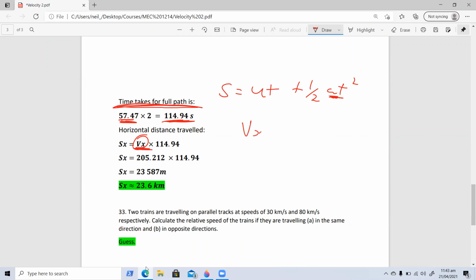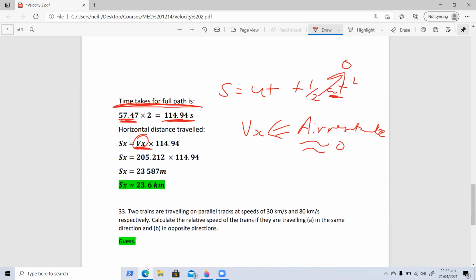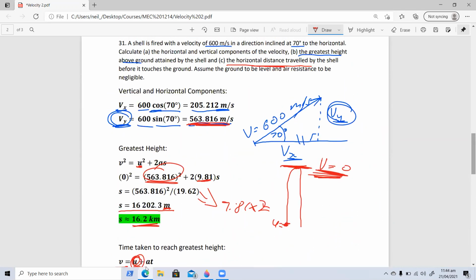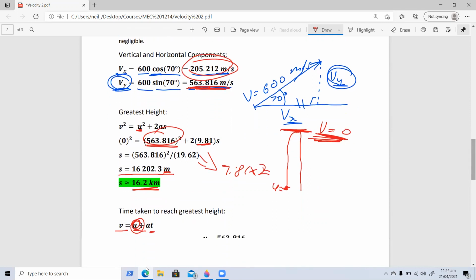So for Vx, that's resisted by air resistance. But in the question, they said air resistance is negligible, so a here is going to be 0. So we just get S is equal to ut. And the u in this case is our horizontal component, which we calculated earlier as 205.212 meters per second.